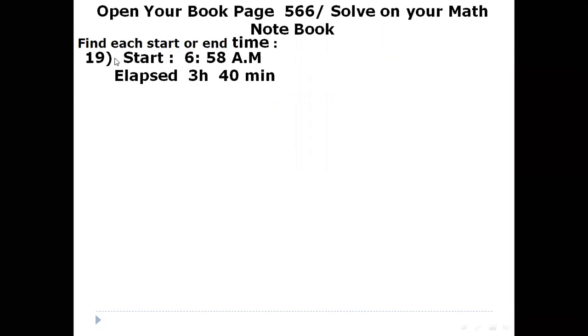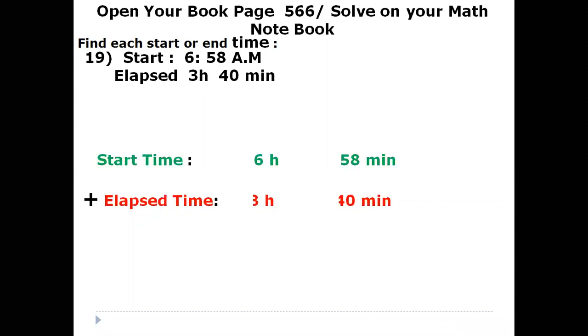Number 19, we have the starting time. It's 6:58 a.m. and the elapsed time is 3 hours 40 minutes. So to find the ending time, remember, you add the starting time to the elapsed time. Now look, we put hours over hours, minutes over minutes, and you add.